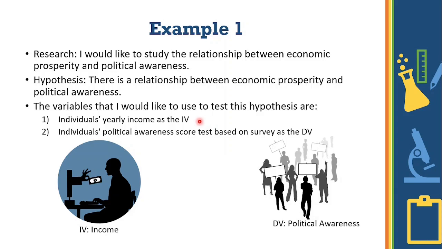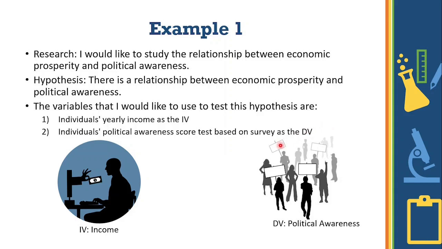The first, the independent variable data, would represent individuals' yearly income, how much the individuals make on an annual basis. And the second, the dependent variable, is a test score where you have tested and standardized individuals' political awareness scores on the basis of a series of survey questions.